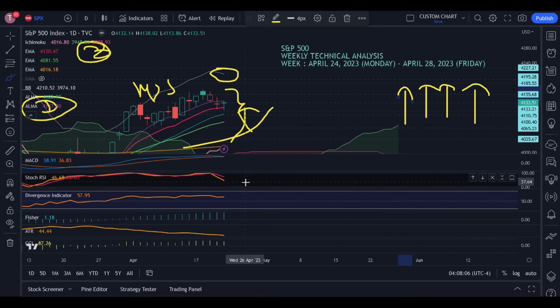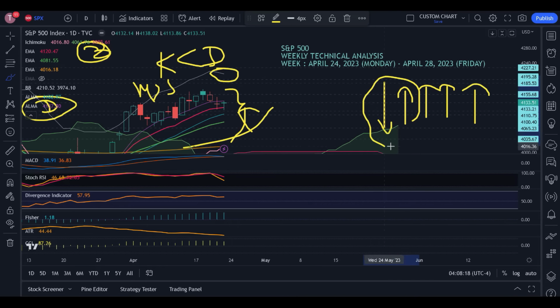Now comes the stochastic RSI. Because the K channel is less than the D channel, this means that the S&P 500 is bearish through the stochastic RSI. Because the MACD and the stochastic RSI are in opposite directions, the short term bull trend is still there, but it is weak.